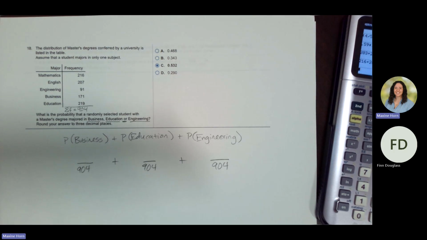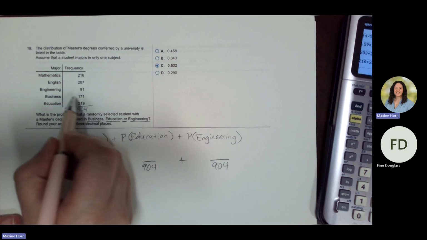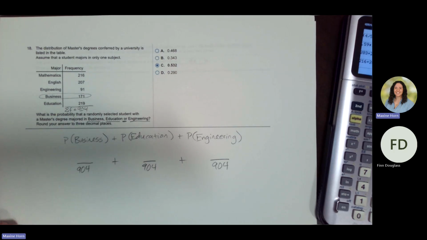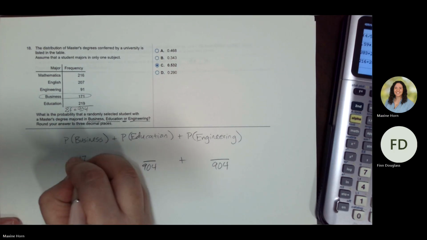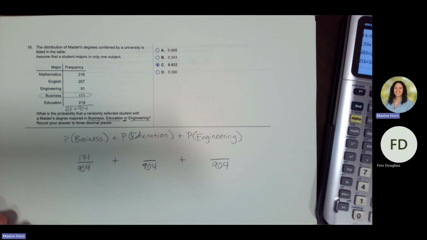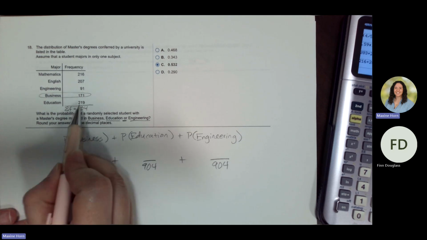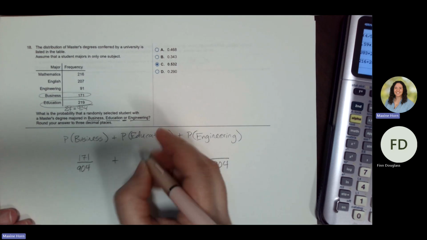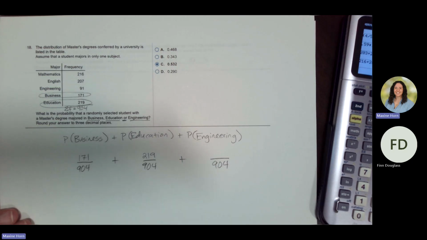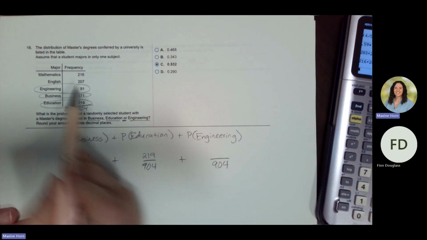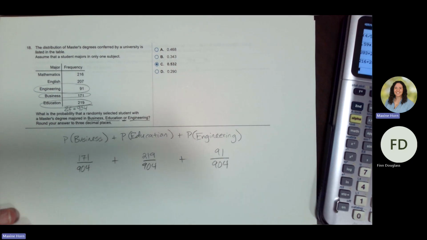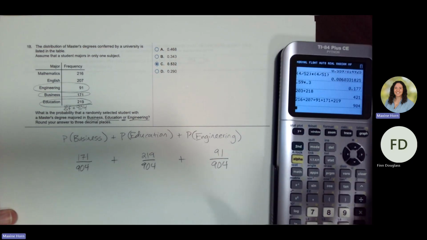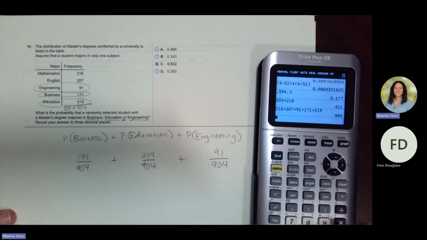And the part, or the numerator for each of these fractions, is going to be whatever the frequency is of that particular degree. So business, 171. Education was 219. And engineering was 91. Okay, so I'm going to add all of those up together.